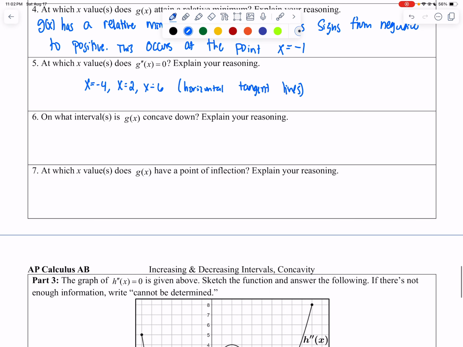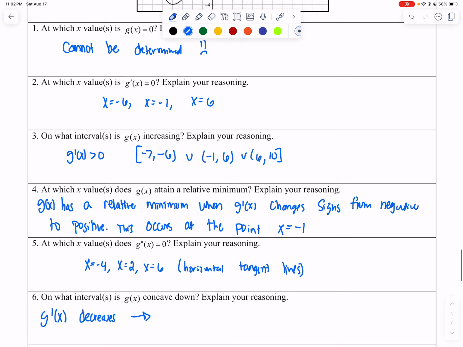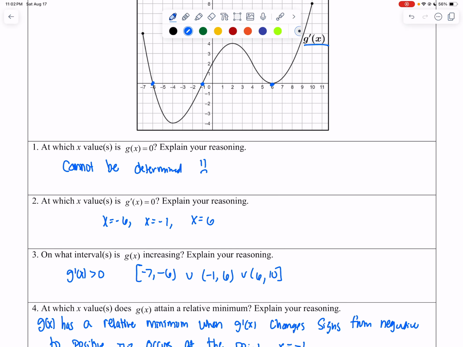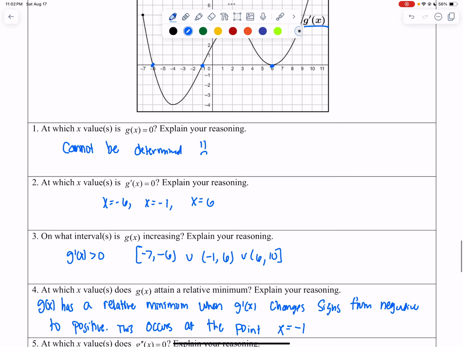Number 6 says, when is g of x concave down? Well, g of x concaves down whenever g prime of x decreases. So this occurs whenever we are from -7 to -4, and then from 2 to 6.